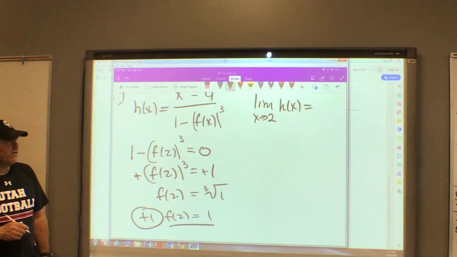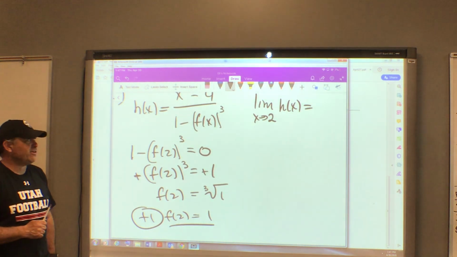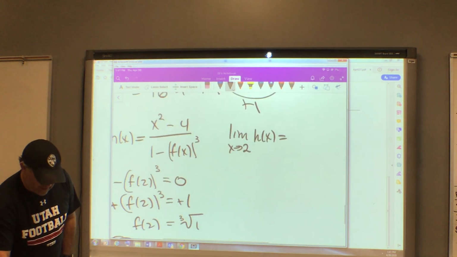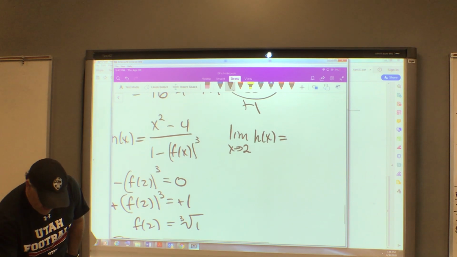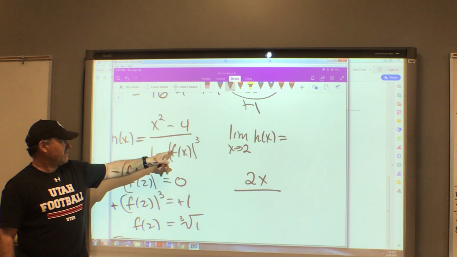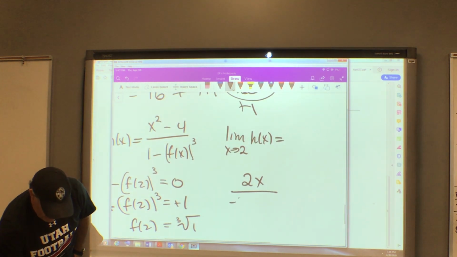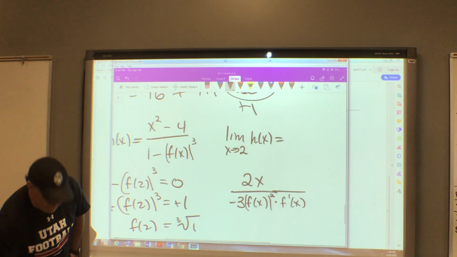The next point, okay, L'Hopital's applies, and we need f prime of 2. Well, let's take the derivative of the numerator and the denominator. That means 2x over 1 minus the derivative of that. So that's going to be negative 3 f of x to the second power times f prime of x.